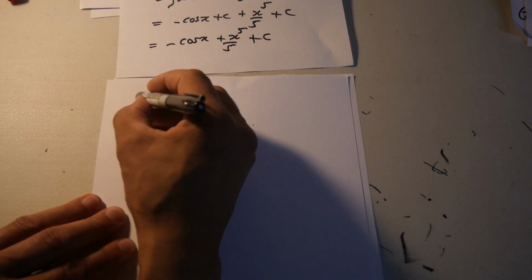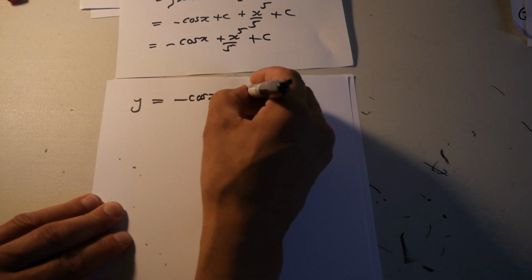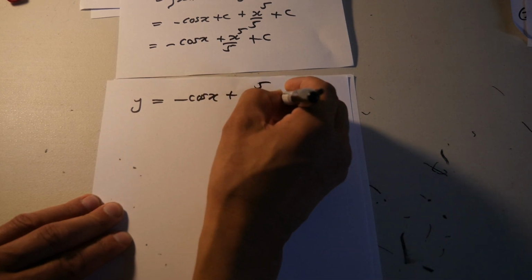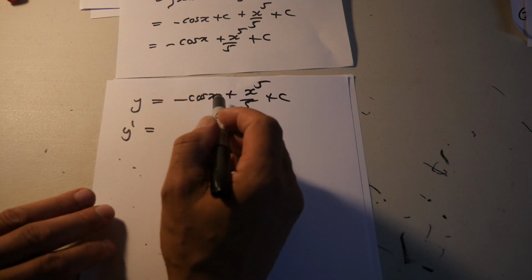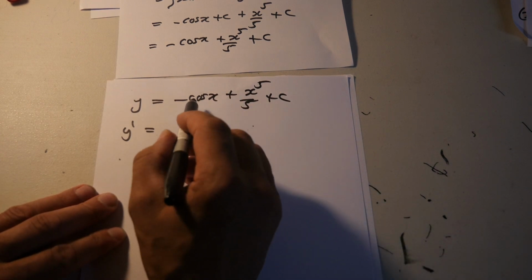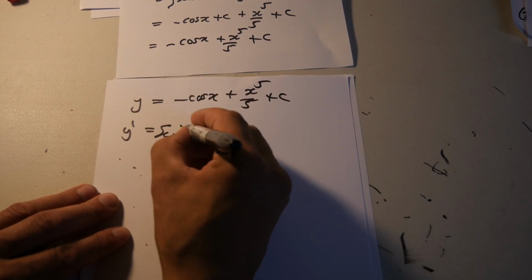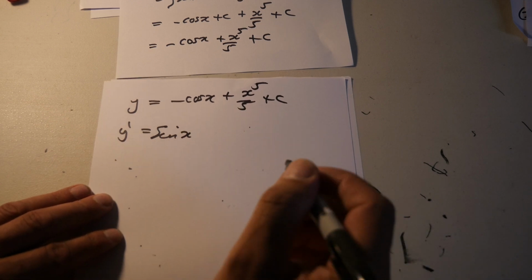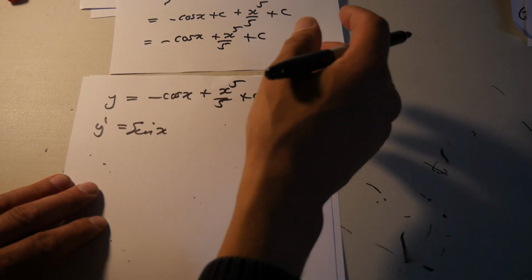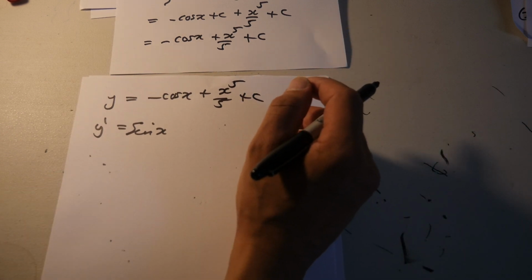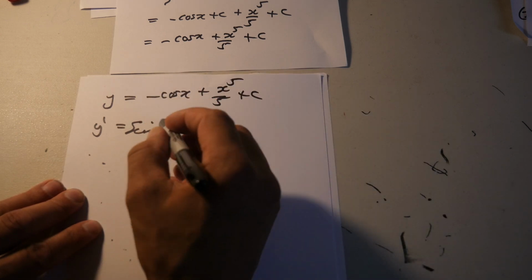So if y equals minus cos x plus x to the fifth over 5 plus c, then y dash equals the derivative of minus cos x. The derivative of cos is minus sine, so the derivative of minus cos is sine, so it's sine x.